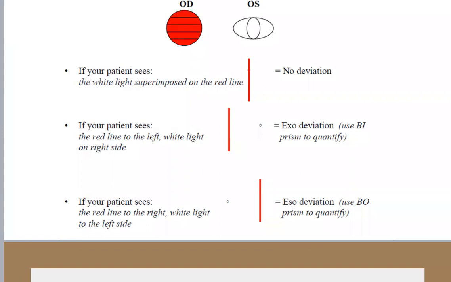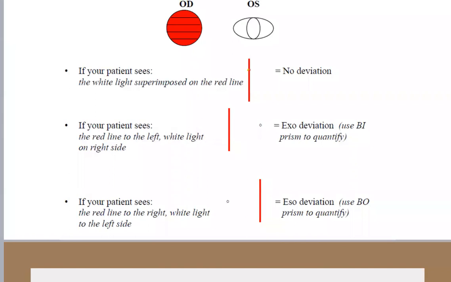So I eliminate the fusional versions of the brain in order to make the phoria manifest. I'm eliminating the fusional versions of the brain by dissociating between the right eye, which is seeing, for example, a red line, and the left eye, which is seeing, for example, a white dot. So here no fusion will occur.